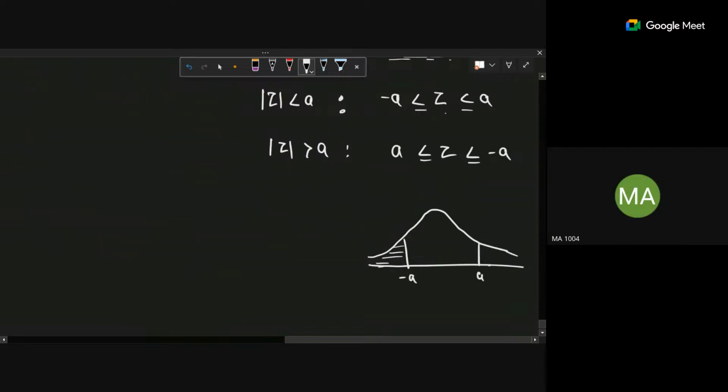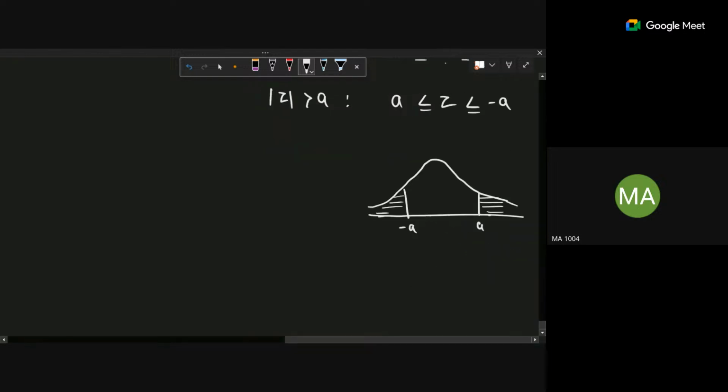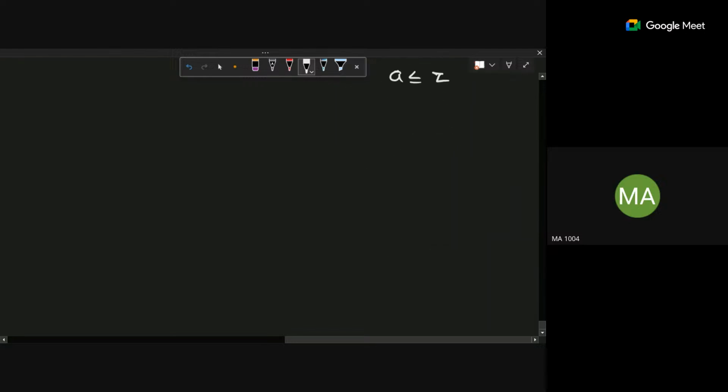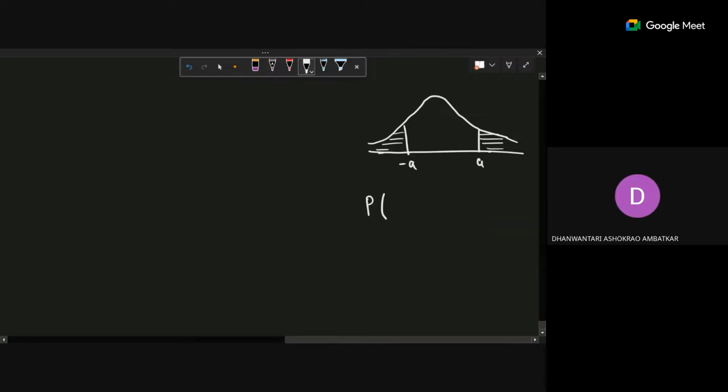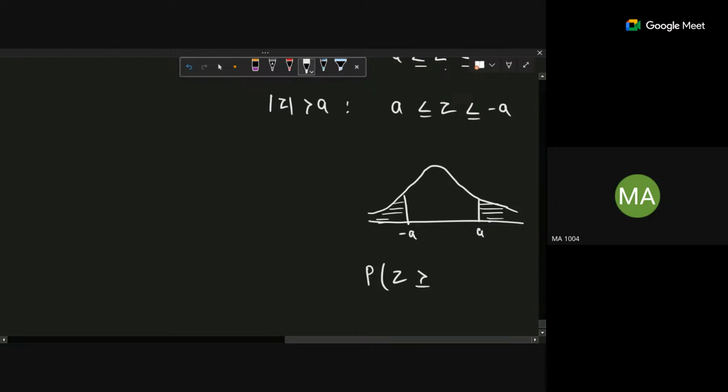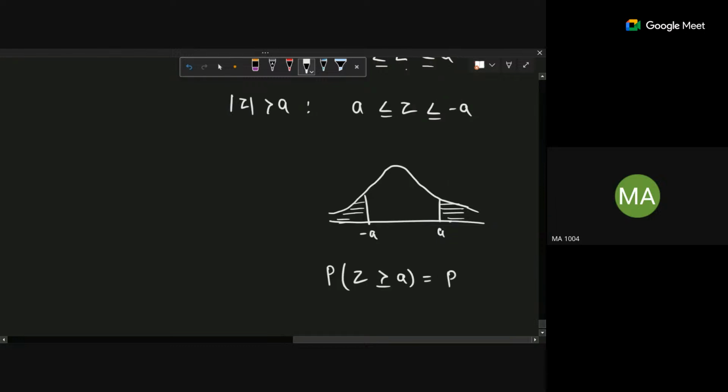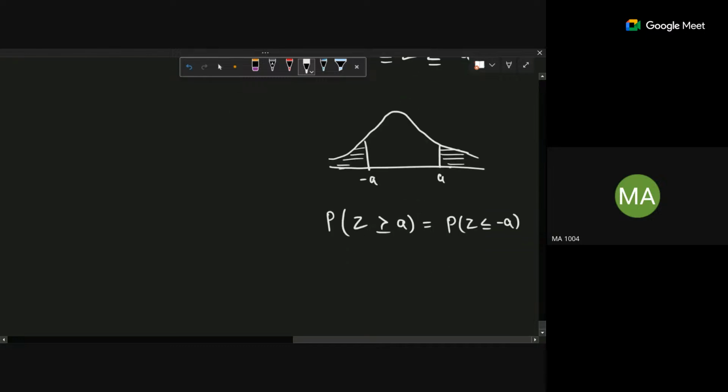And if it is normally distributed, that means it is symmetric. If it is symmetric, then probability of Z greater or equal to A will be equal to probability of Z less or equal to minus A, right? If they both are equal, which part will you choose? We know the CDF part, so I will choose this part.